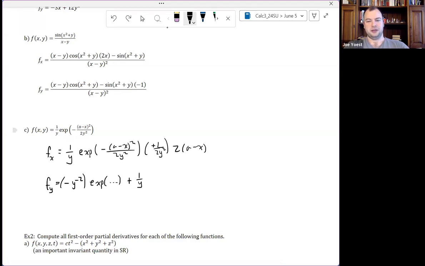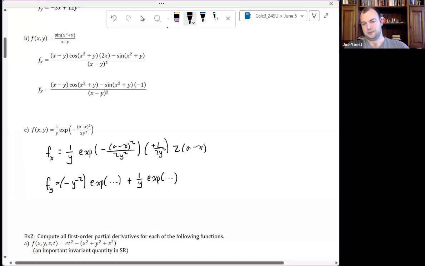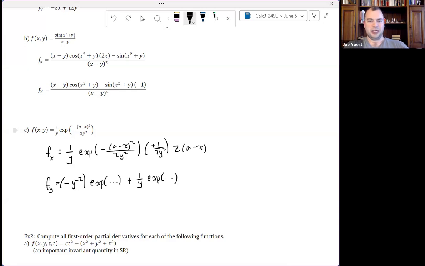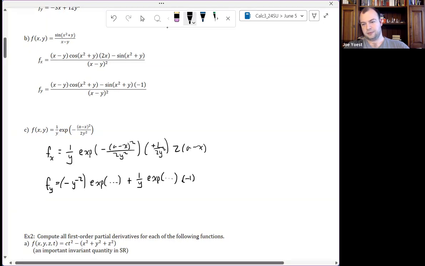So the derivative of e to the stuff with y in it is e to the stuff times the derivative with respect to y of the stuff inside the function. Well, from the perspective of y, this negative a minus x all squared, that's all constant.